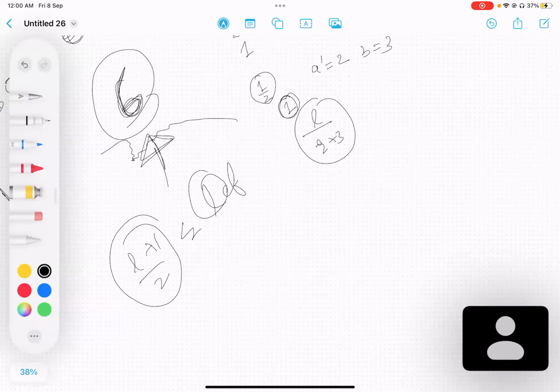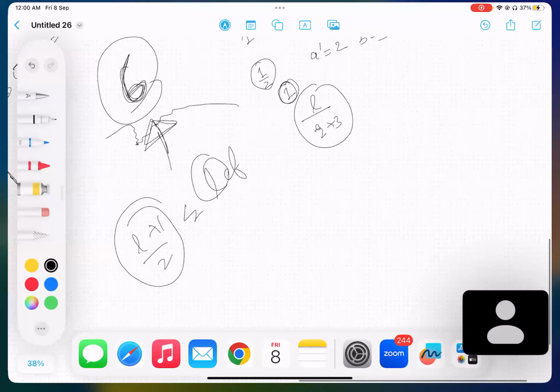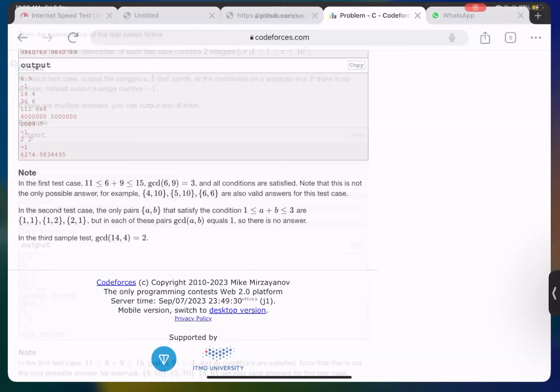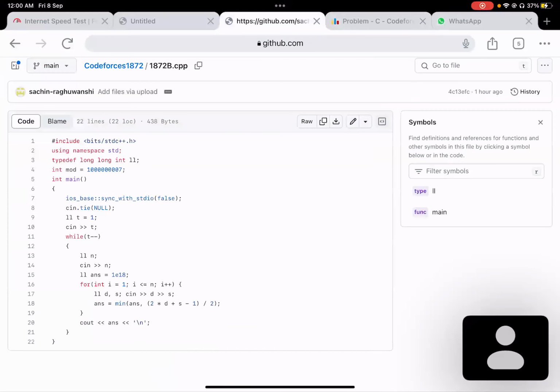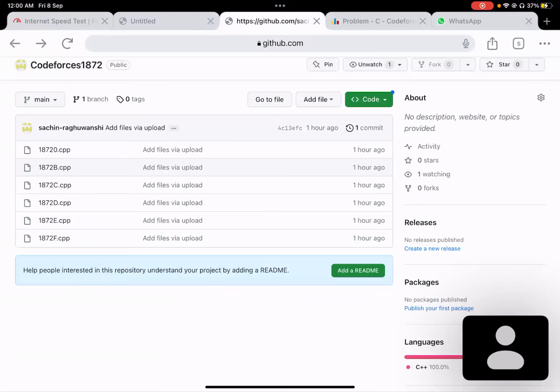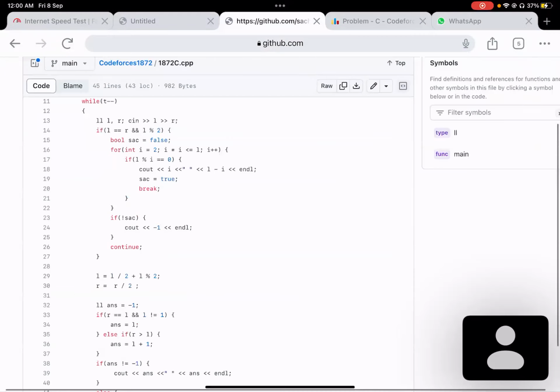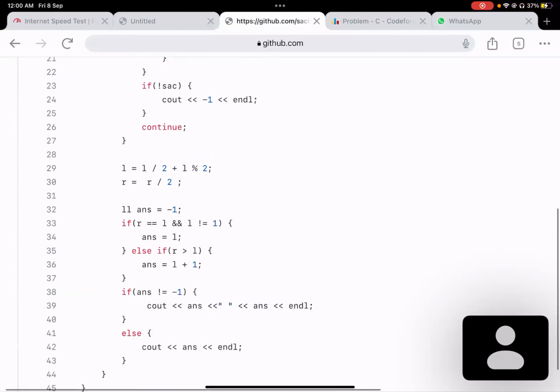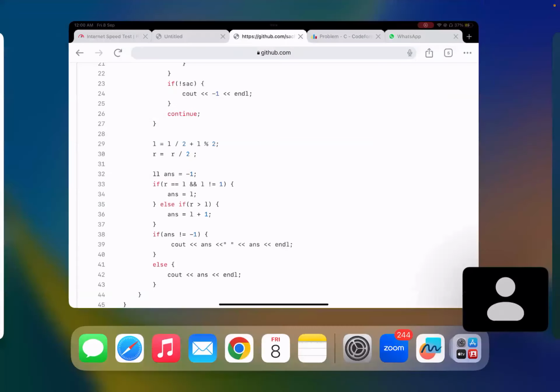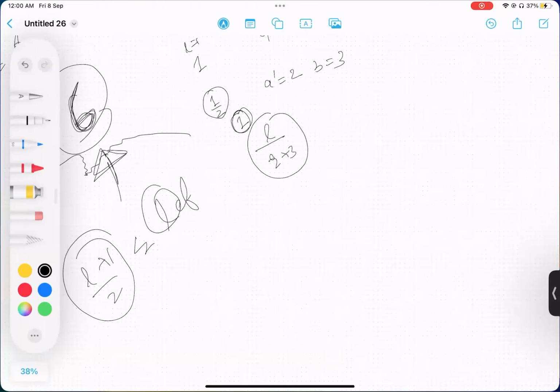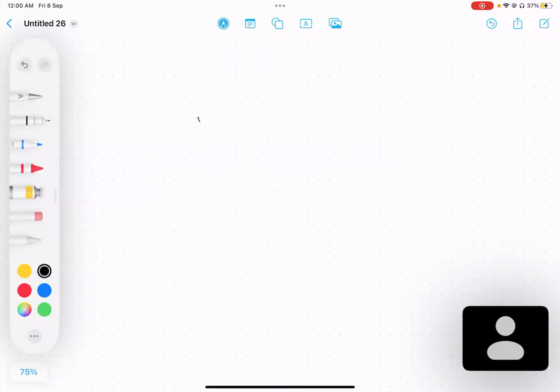No, what I'm saying is we are finding the minimum possible ranges, right? Let me show you the code and explain it, one second. What I mean to say is, we will always be able to find, let's say we have 11 and 15.